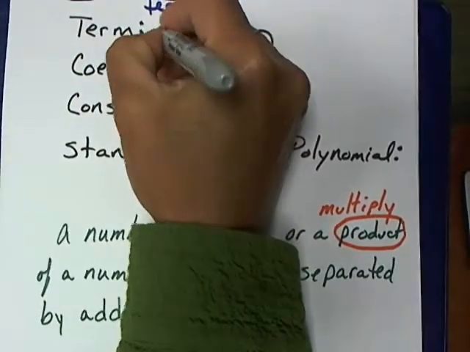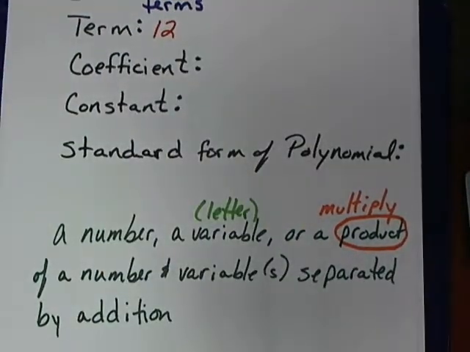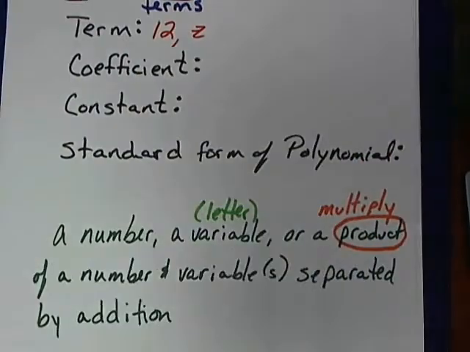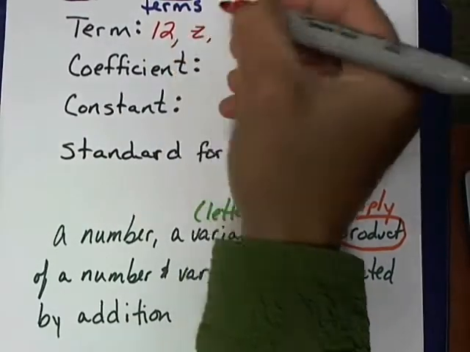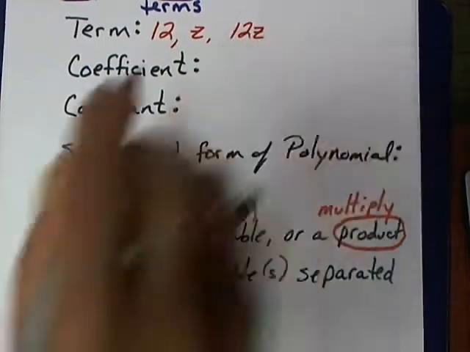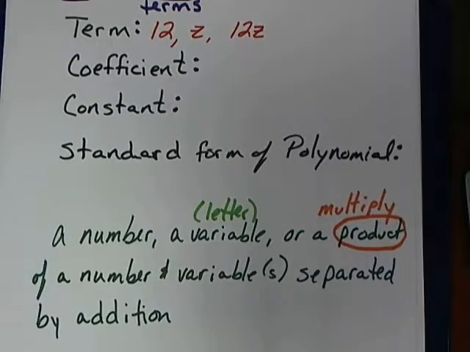Okay, so what are some examples of terms? Well, a number, 12, there's an example of a term. A letter, Z, that's another example of a term. A product of a letter and a number. How about 12Z? Haha. And then we can put these terms together.